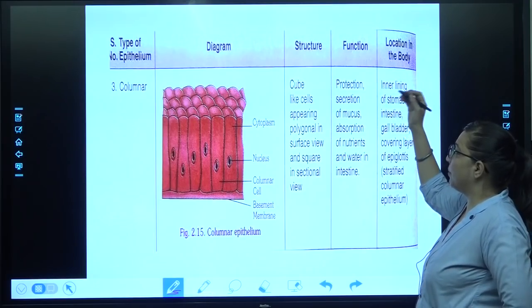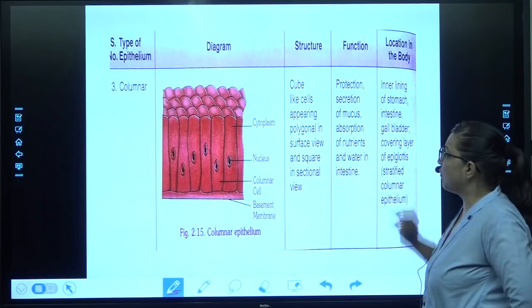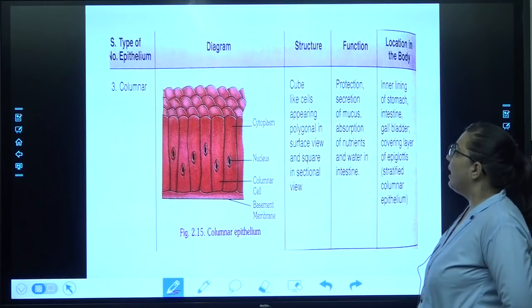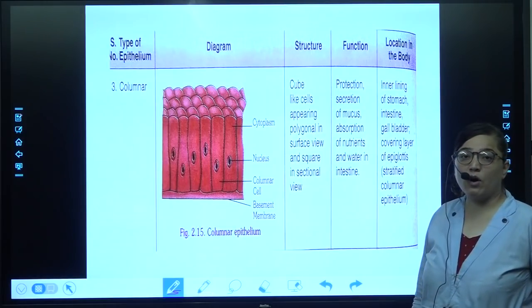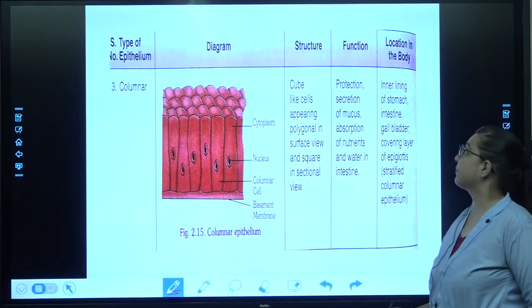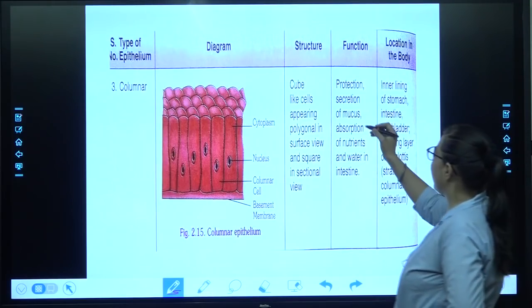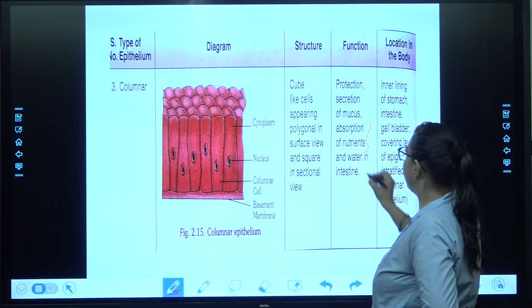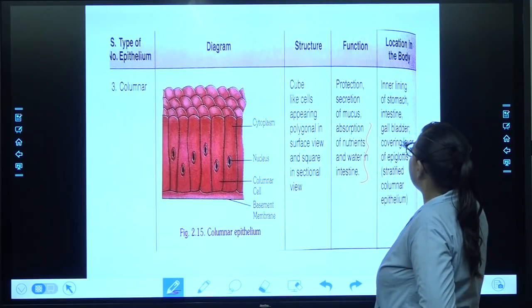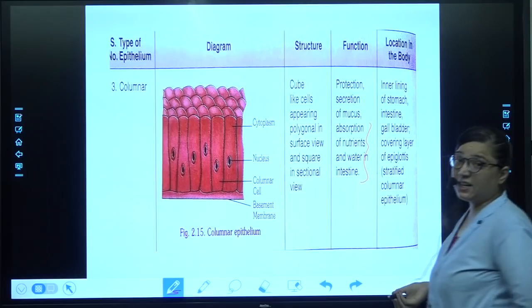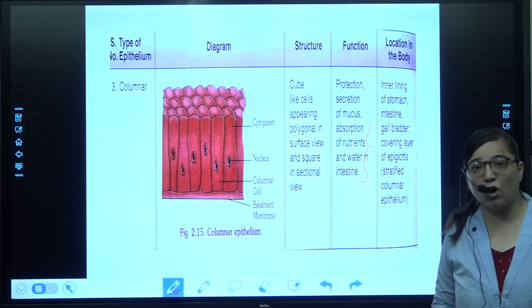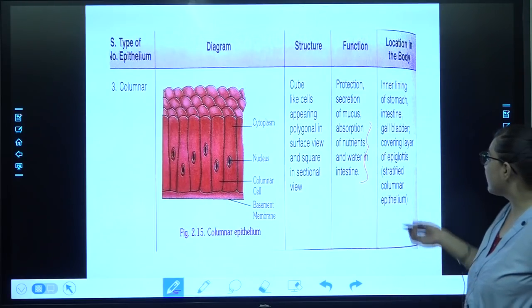It will help in protection, secretion of mucus, and in the absorption of nutrients and water in the intestine. Then coming to its location, it is present in the inner lining of the stomach and solely it will help over here. Then in the gallbladder, as I talked about, it is a part of the digestive system.